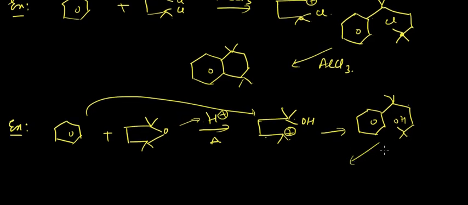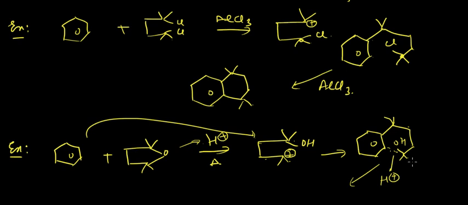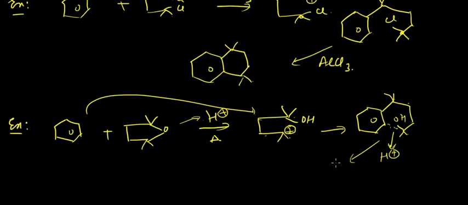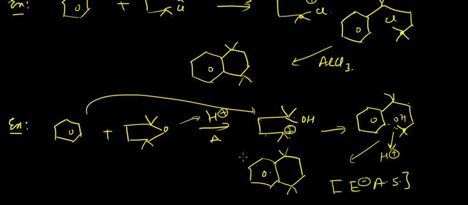Again in presence of acidic medium, this OH will attack on H plus and we will get a positive charge here. Again in presence of acidic medium, we'll get something like this because of electrophilic aromatic substitution reaction. This is the final product formed.